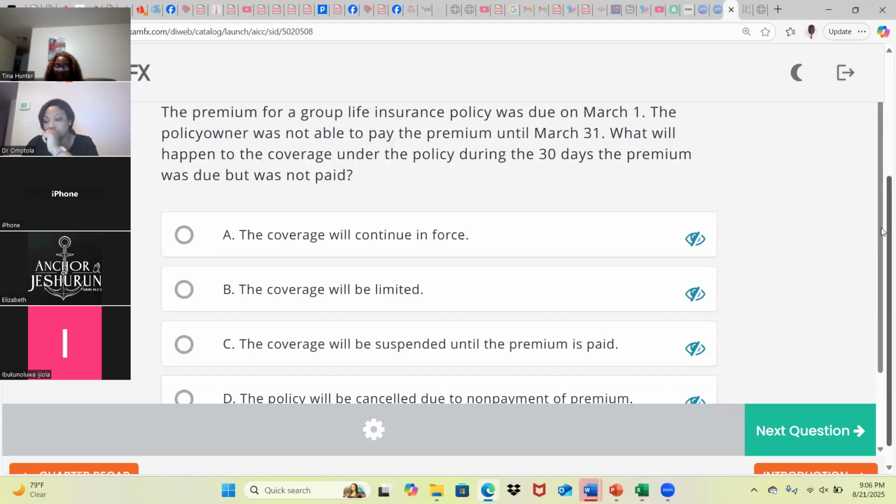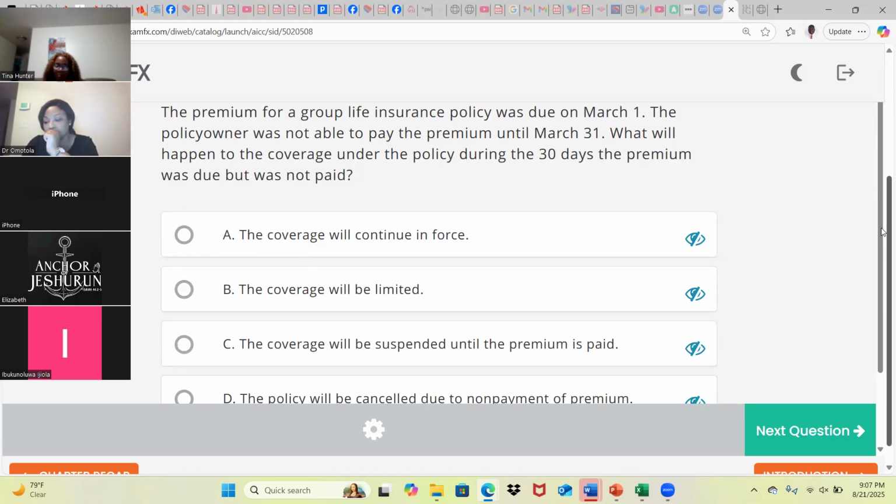Miss Desmond, can you go ahead and read this one? The premium for a group life insurance policy was due on March 1st. The policy owner was not able to pay the premium until March 31st. What will happen to the coverage under the policy during the 30 days?